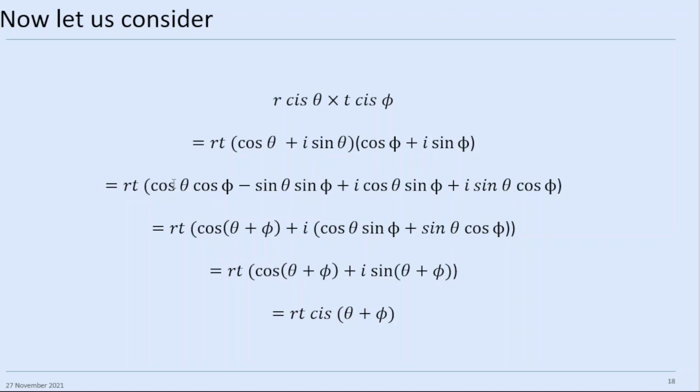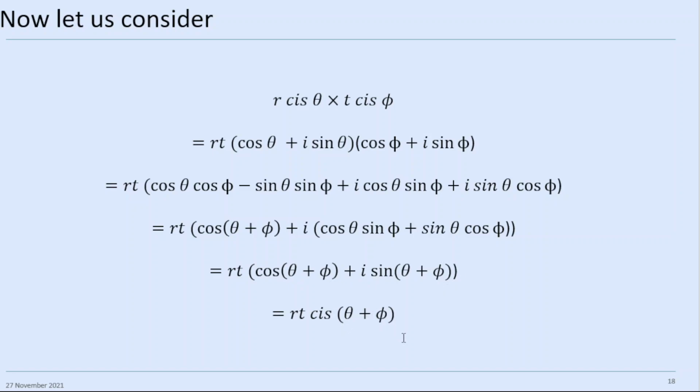And then we notice that this thing on the left, cos theta cos phi minus sine theta sine phi, is just cos of theta plus phi. And we notice this thing on the right, we can take out i and we get cos theta sine phi plus sine theta cos phi, that looks like sine of theta plus phi by the compound angle formulae for cos and sine, which you'll learn in trig. So this cos theta plus phi plus i sine theta plus phi is just cis theta plus phi.